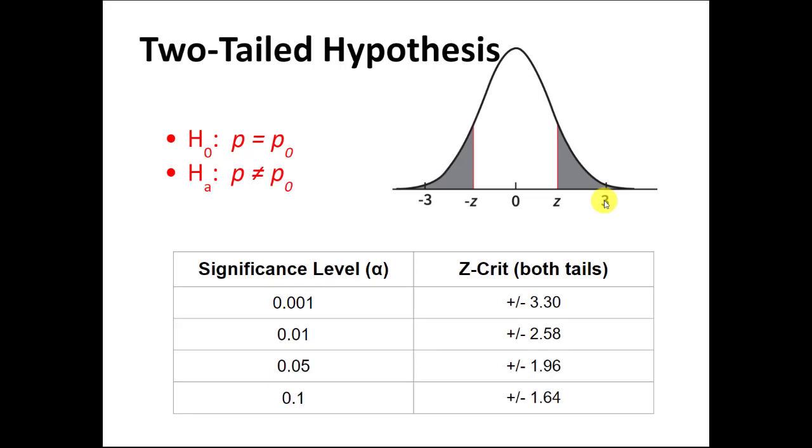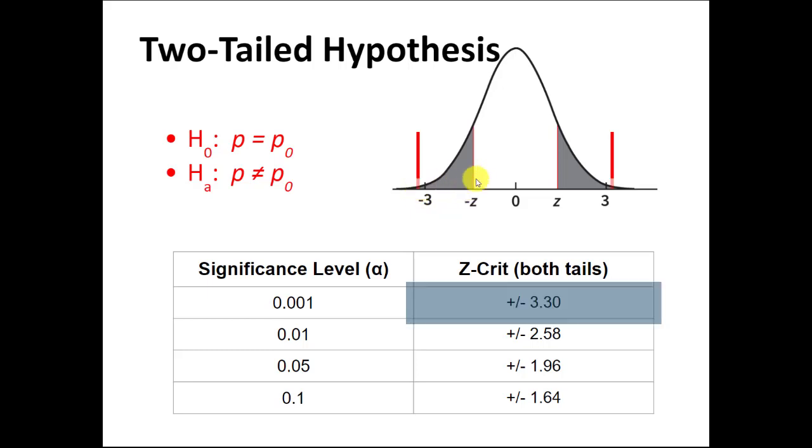So how do we calculate the Z-crit? Well, the Z-crit we get given, okay? If you have a proportion, you've gone through the conditions of the central limit theorem and they apply, then you can choose your significance level and the Z-crit for those are given to you. So if you have a significance level of 0.001 for a two-tailed hypothesis, your Z-crit is going to be negative 3.3.